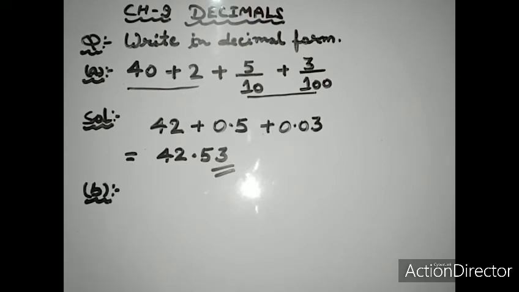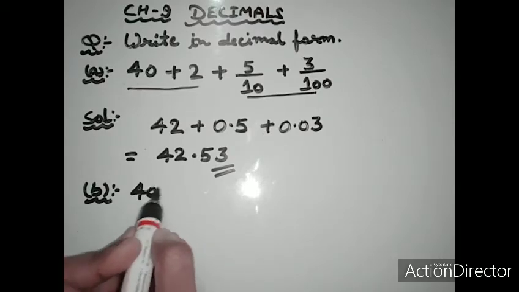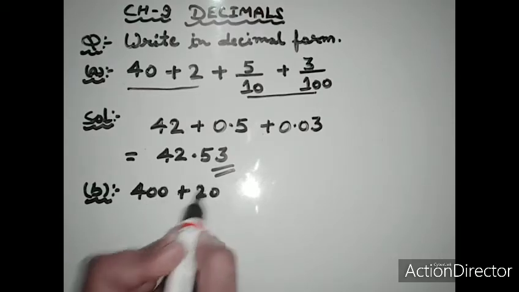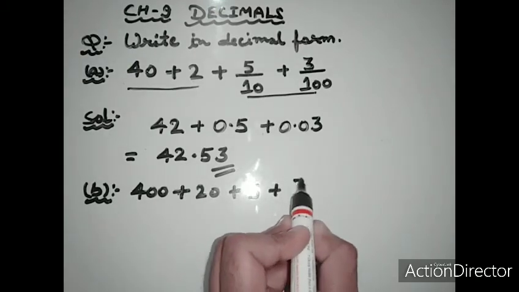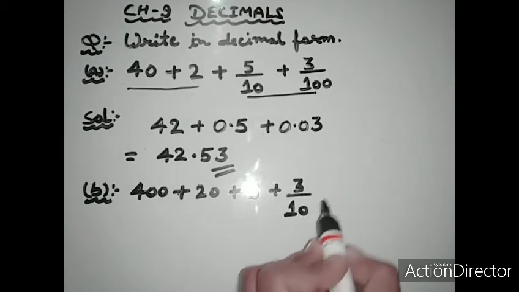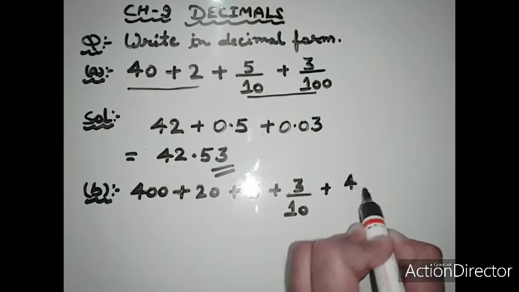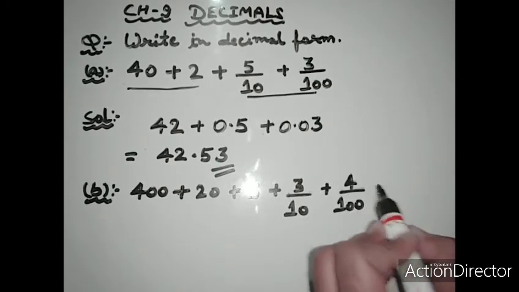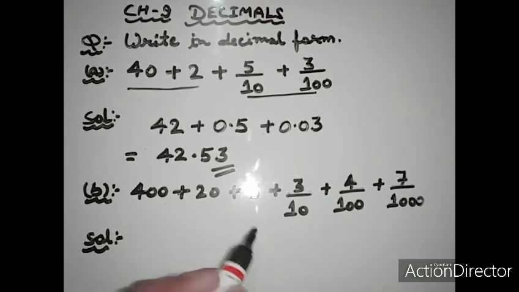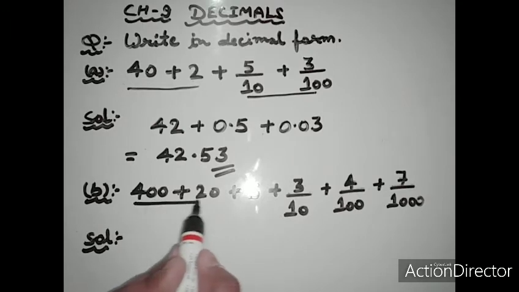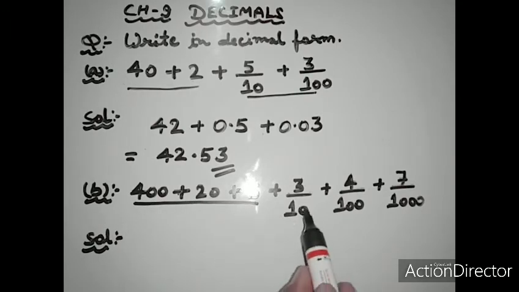Now we take another example, and the next number is 400 plus 20 plus 5 plus 3 upon 10 plus 4 upon 100 plus 7 upon 1000, right? Now we add these numbers, because these three numbers are in the whole part and these three numbers are in the fraction part.